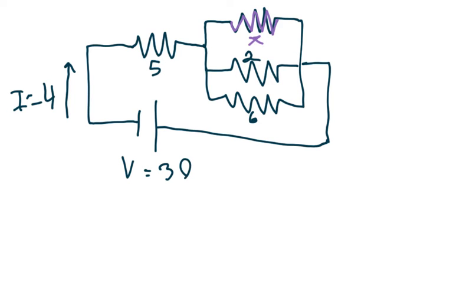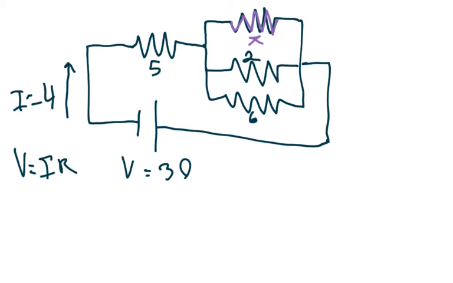Okay, so now we're ready to solve for X. And this looks really complicated, but the way that we're going to do it is we're going to treat all these resistors like one equivalent resistor and work backwards. So for the entire circuit, not for X, but for the whole entire circuit, we can do V equals IR.